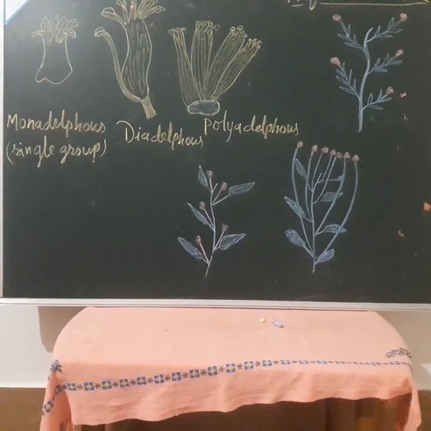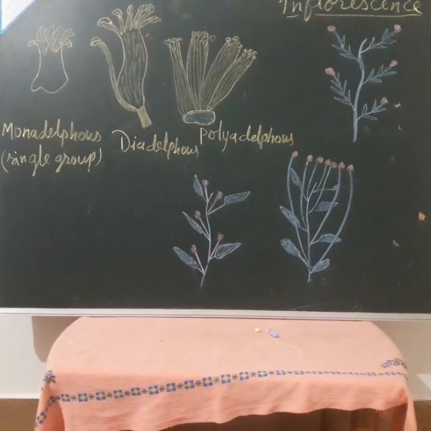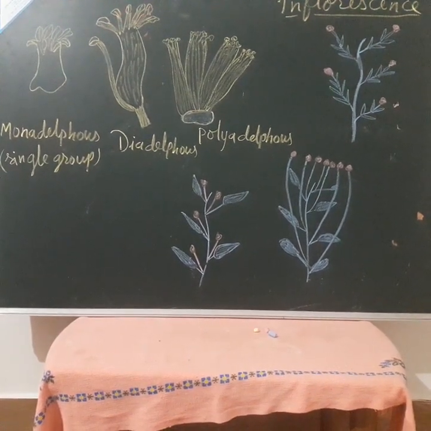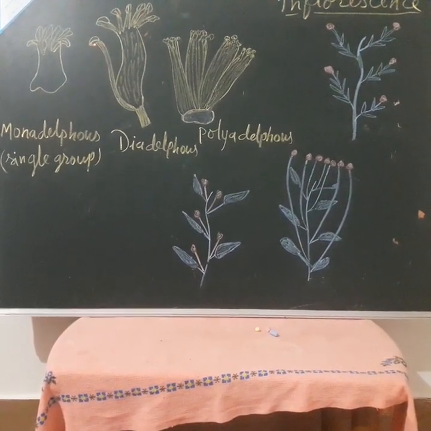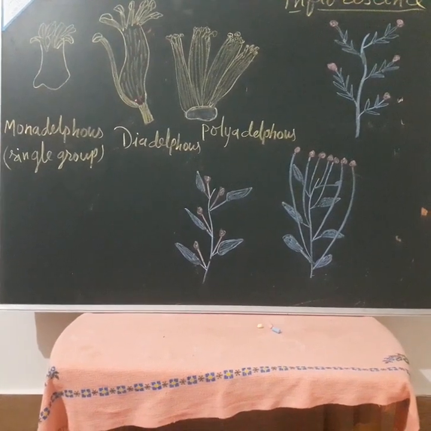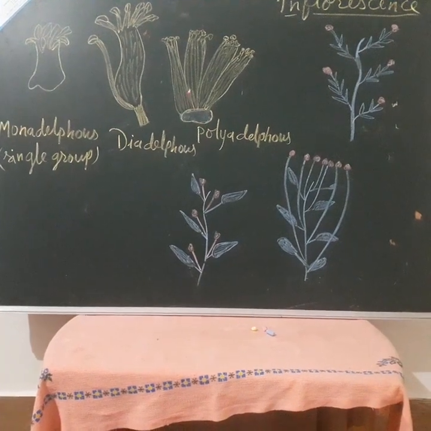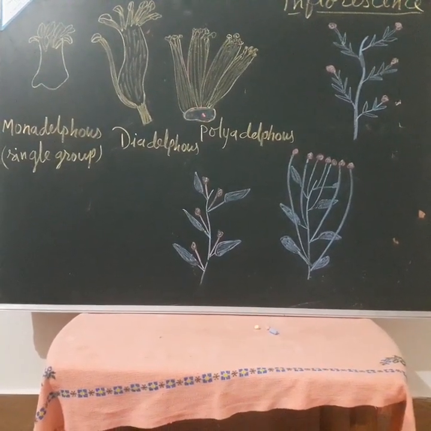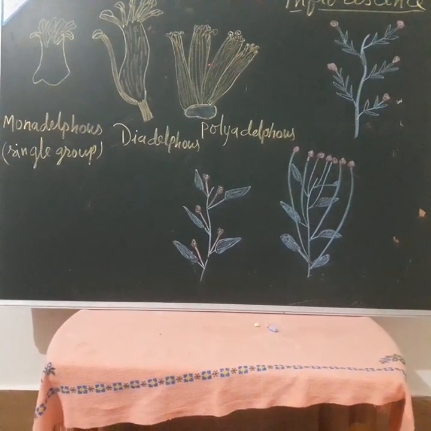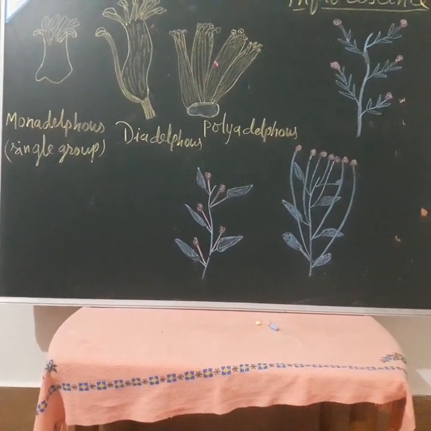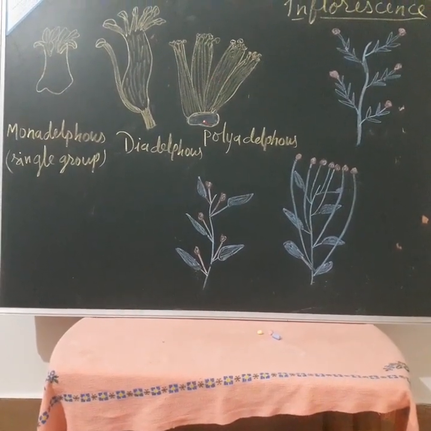Here there are 9 filaments with anthers on their tips and a single one, altogether 10. It is found in the pea plant. Here you can see polyadelphous, where the filaments are found in many different groups.